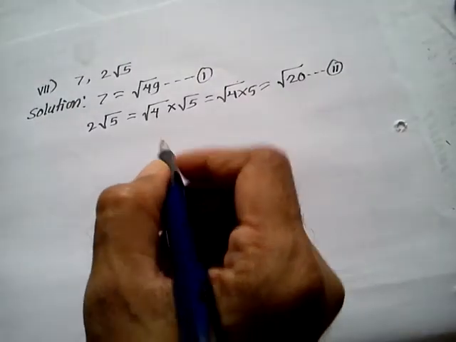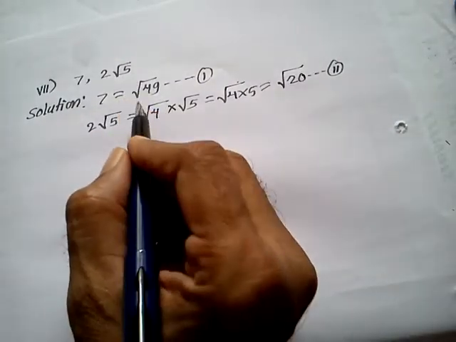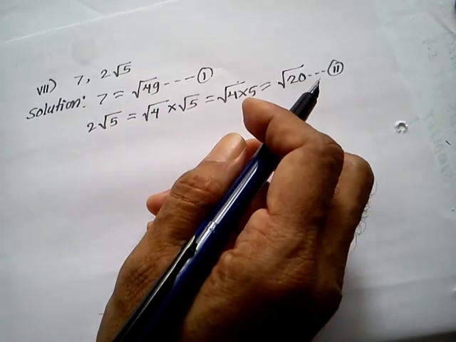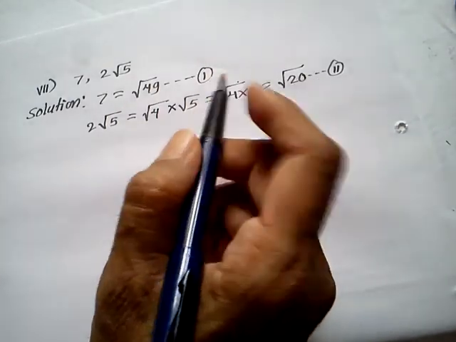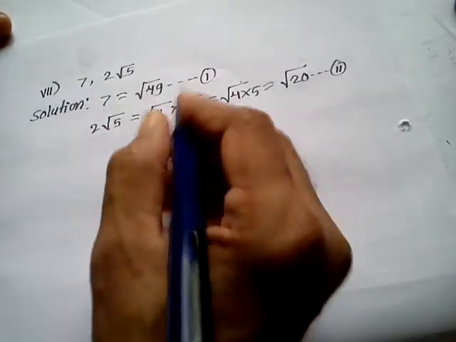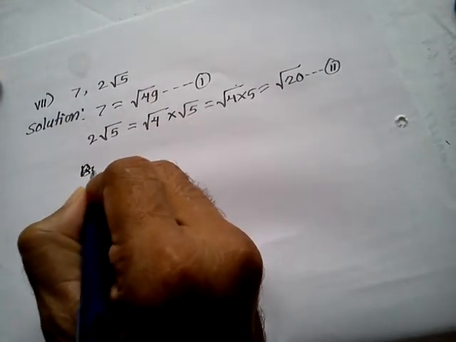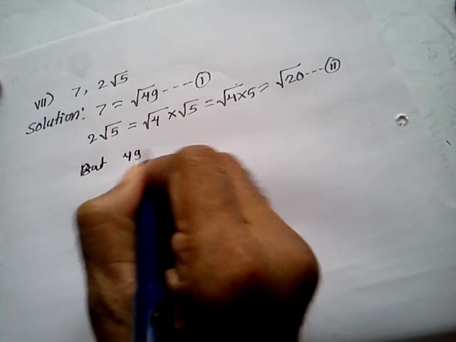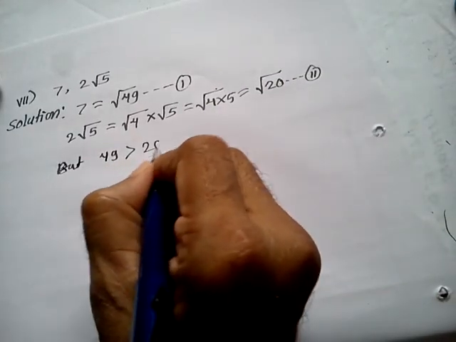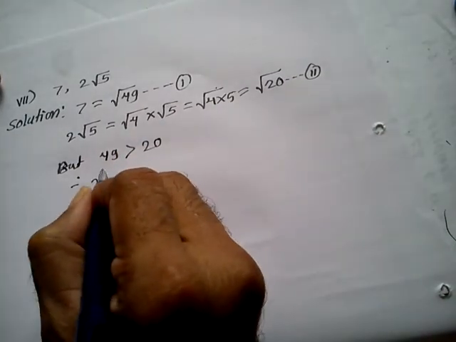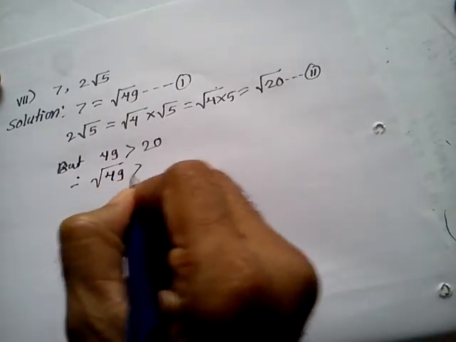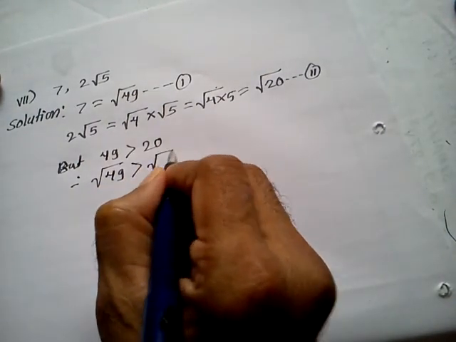So we have to compare root 49 and root 20. Which one is greater? Simple. 49 is greater than 20. So therefore under root 49 greater than under root 20.